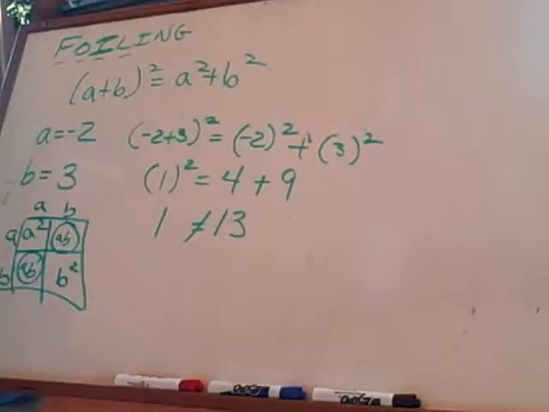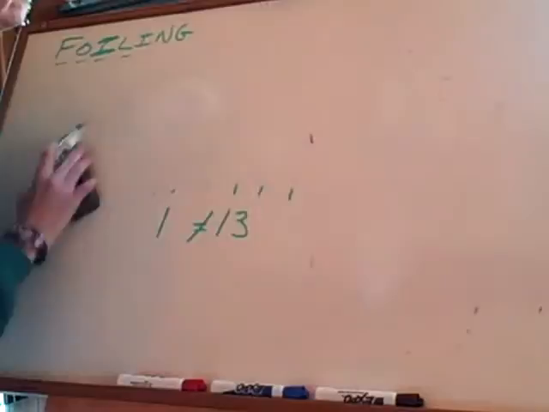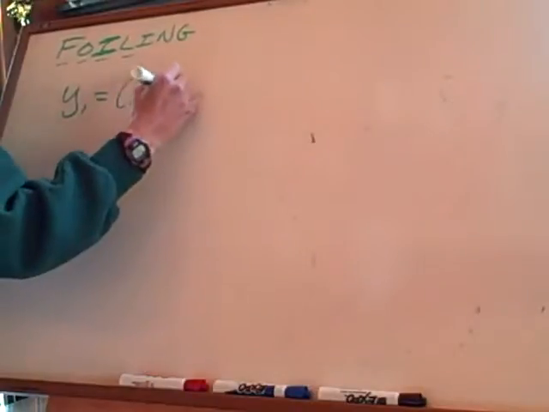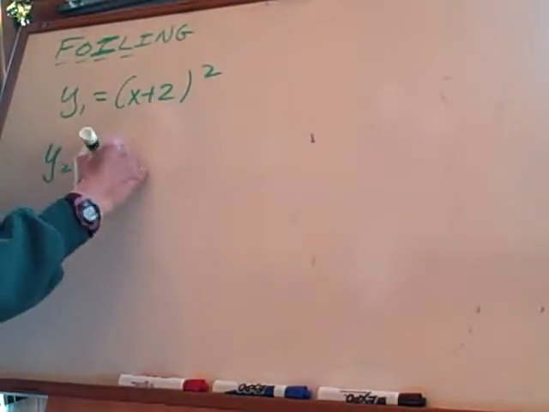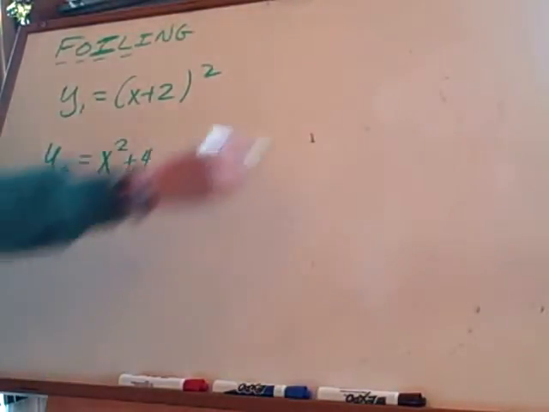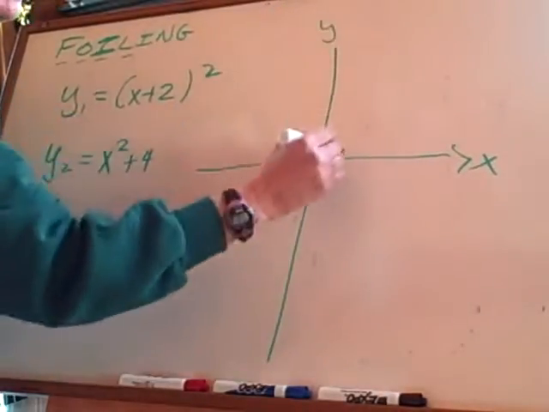Let's look at it graphically. We're going to graph these two things on your paper real quick. So it says let B equal 2. We're going to put in y sub 1 equals (x + 2) quantity squared, and y sub 2 equals x squared plus 4. Let's just remember how to graph here real quick. This is my x-axis, this is my y-axis.